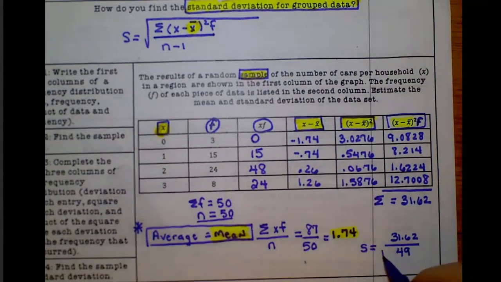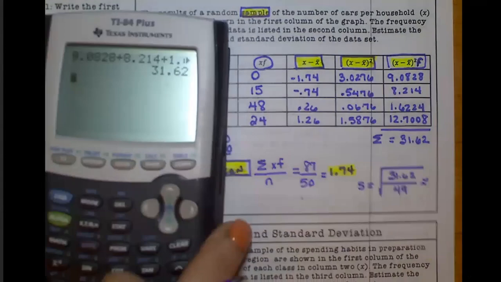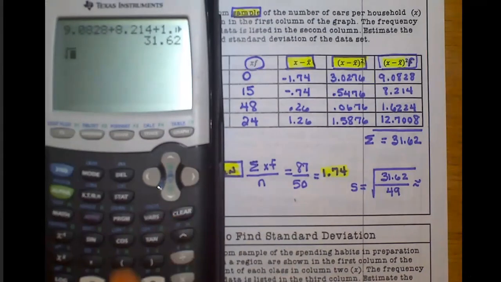So we'll put S equals. I'm going to type all of that in together and then round that, okay? So I'm going to have the square root, put in parentheses, 31.62, divided by parentheses 49.